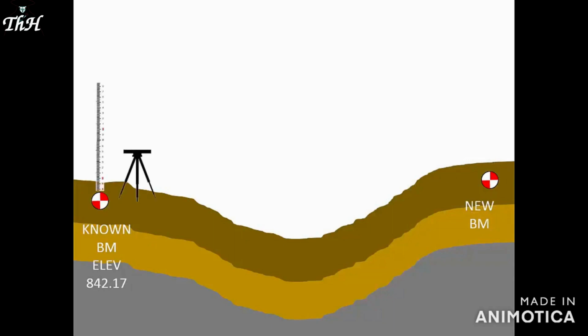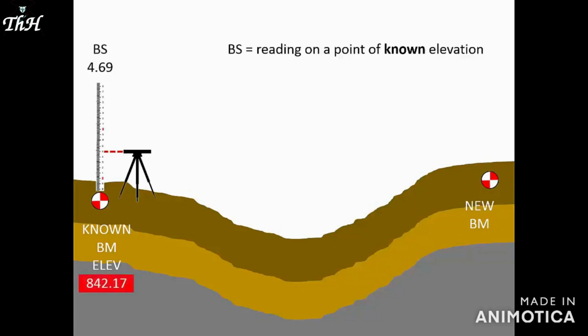Our first rod reading is 4.69 feet. Since this reading is taken on a point of known elevation, we call it a backsite, commonly abbreviated as BS. With this first backsite reading and the known elevation of the benchmark, in our case 842.17 feet, we can say the instrument line of height is 4.69 feet above the elevation of 842.17.